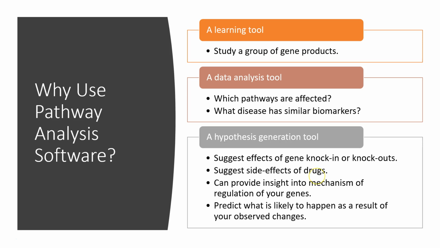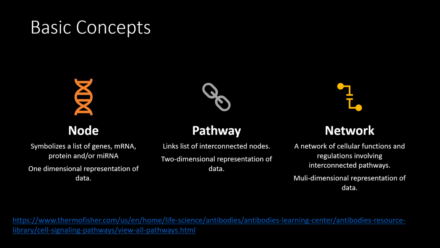Now, within a pathway analysis software, the three parts that we need to understand are node, pathway, and network. So we should know the difference between them. This is essentially going from looking at a single gene, mRNA, or protein of interest, which would be the node, and it is the one-dimensional representation of your data.